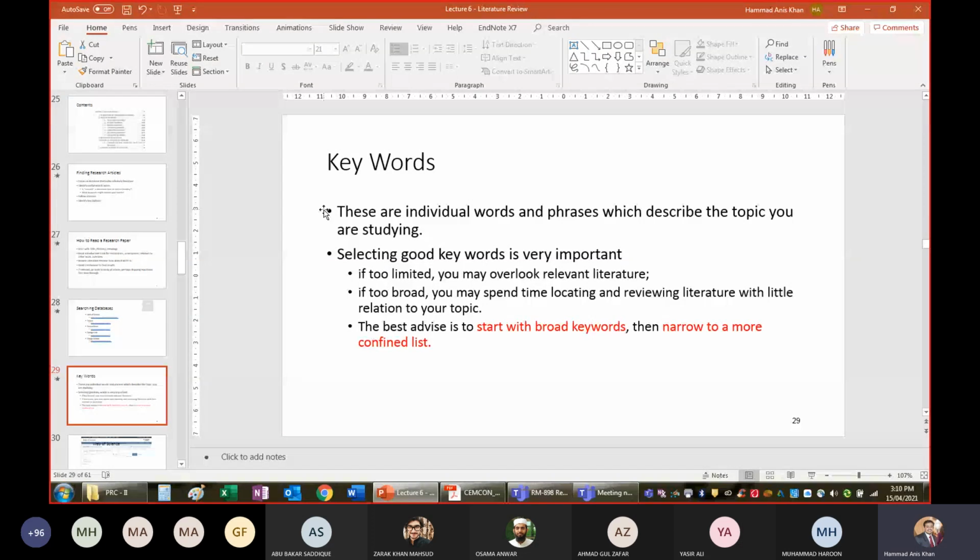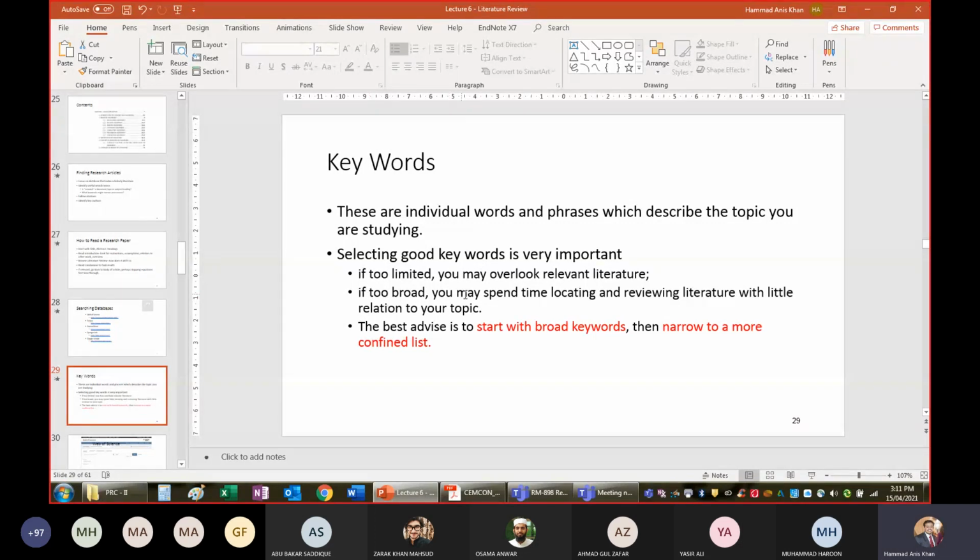Always use keywords. They are individual words and phrases which describe the topic you are studying. Selecting good keywords is very important. Don't select just concrete, because concrete is very broad, too broad. If too limited, you may overlook relevant research literature, so select a word which best describes your topic.